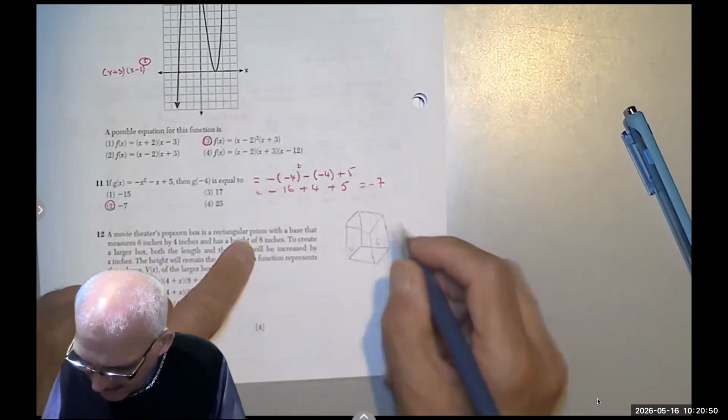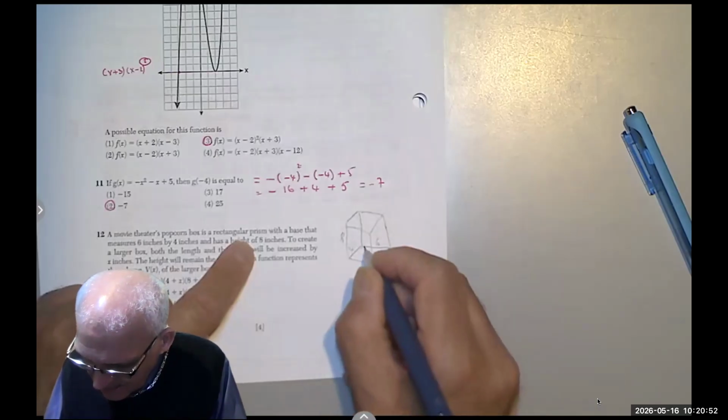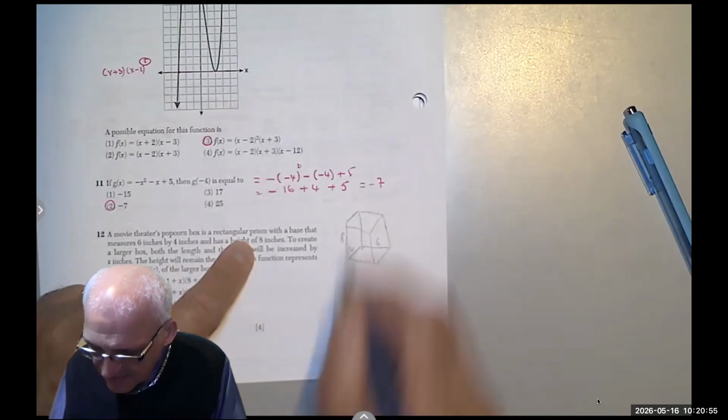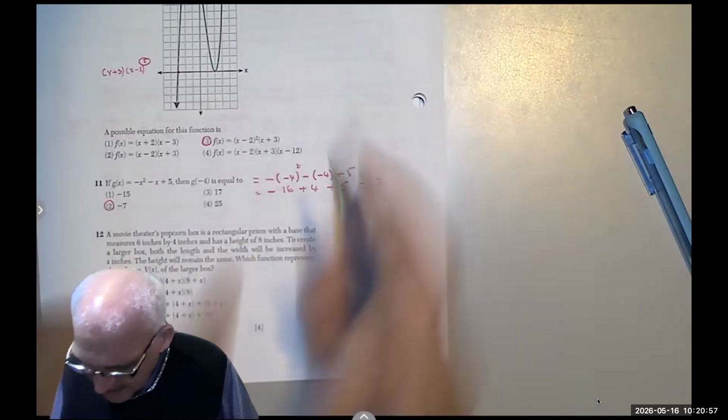And the height is 8. So this is 4, this is 6, this is 8. So the volume is 4 times 6 times 8.